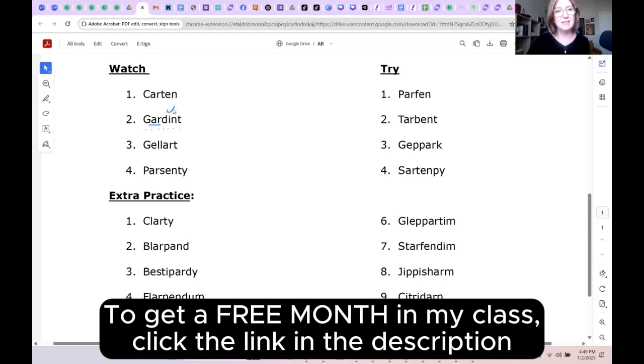Make sure that this I is a different sound than this eh. Your jaw is dropped more on the eh than the I. Your jaw is dropped here, your mouth is stretched here. Eh, I. So when we read this word, we have gardint. Don't say dent.